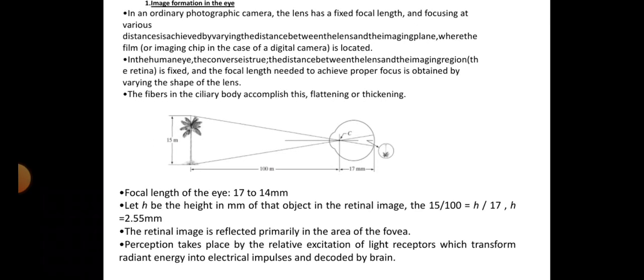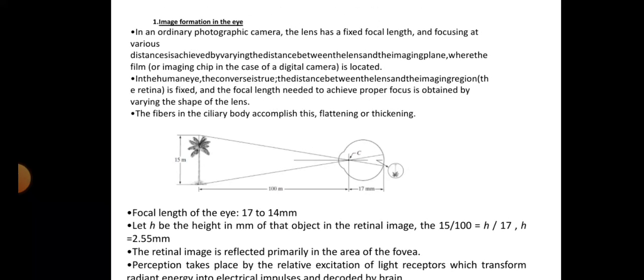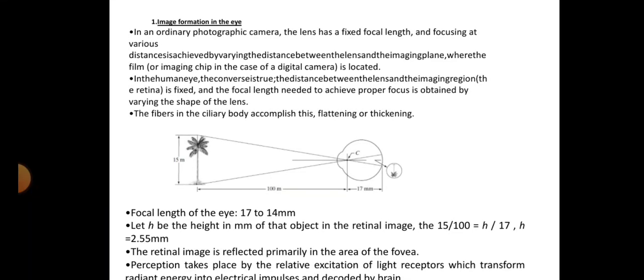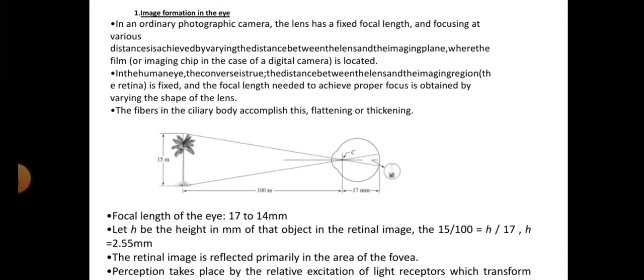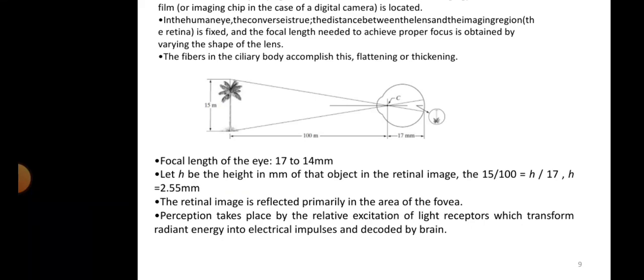In an ordinary photographic camera, the lens has a focal length, and focusing at various distances is achieved by varying the distance between the lens and the image plane. Here the focal length of the eye is 14 to 17 mm. Let h be the height in millimeters of the retinal image of the object; we can calculate the value of h as 2.5 mm for this example.